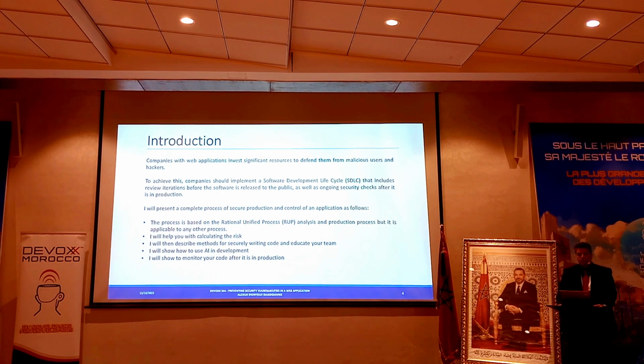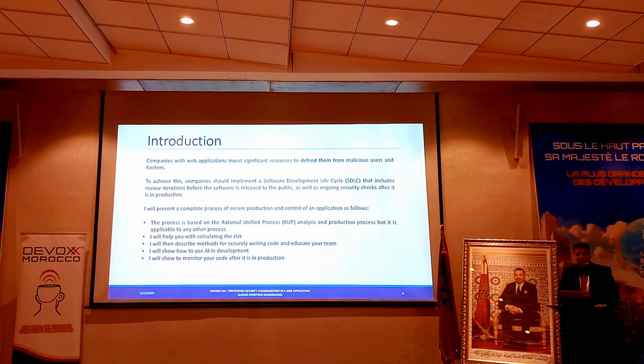The process I'm going to describe to you now is based on the Rational Unified Process, RUP, which I will demonstrate later on, and which is very similar to the waterfall that you are probably using in your companies. What I'm going to demonstrate now applies to every management process, for example Agile or any other you are using.